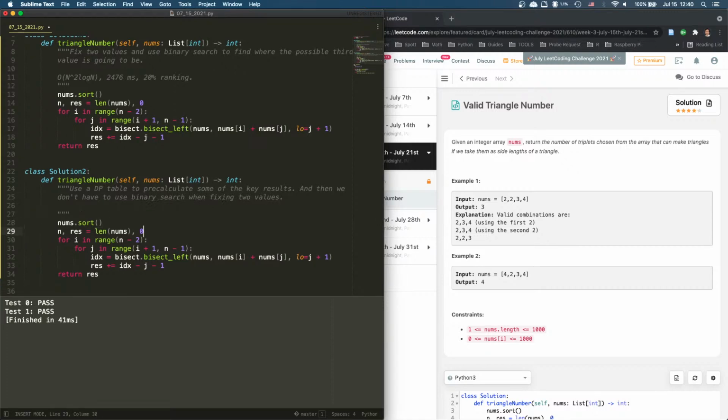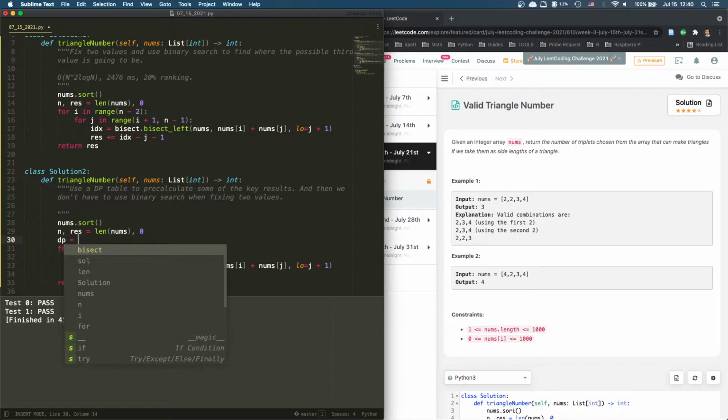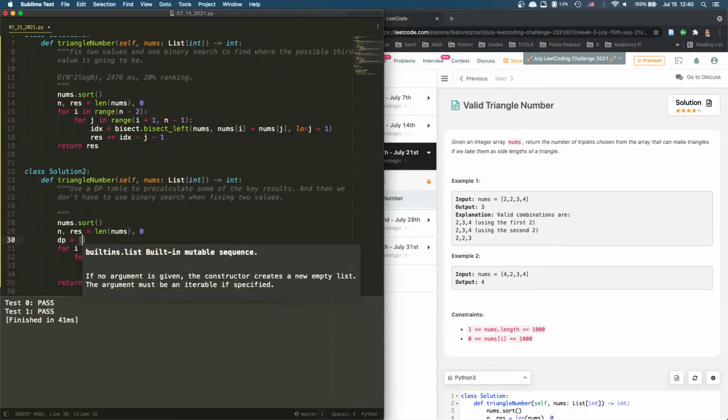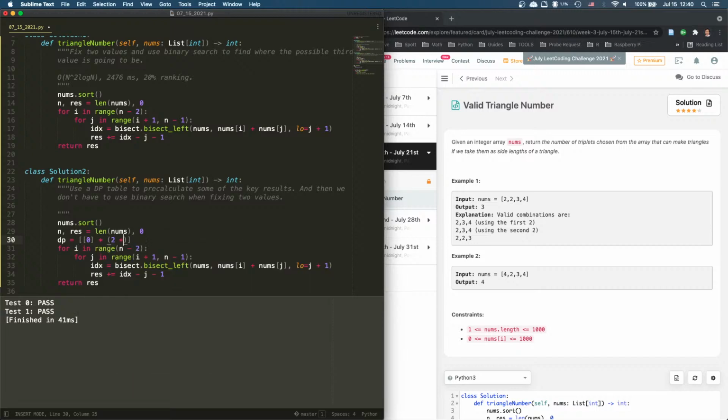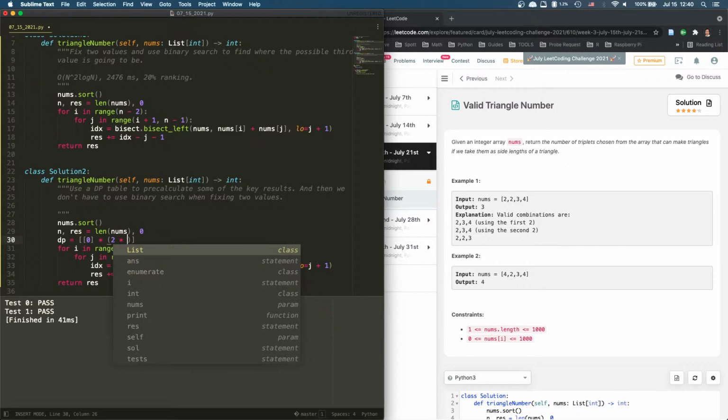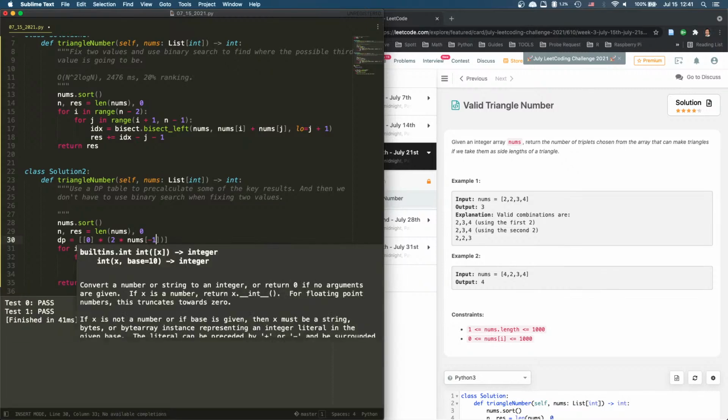So when I sort, when I do this, sort, do this, and DP is going to be, right? DP is going to be 0 times what? 0 times nums, right? 2 times nums minus 1, all right?